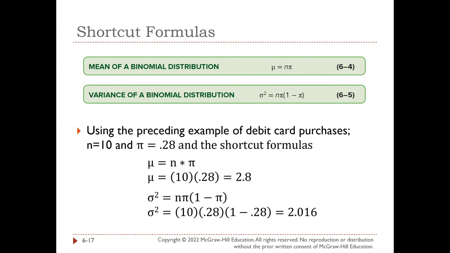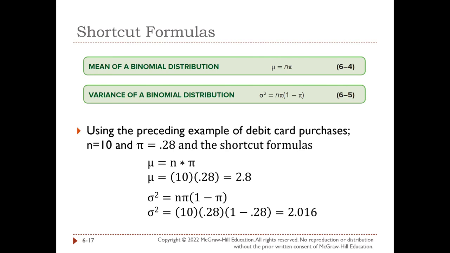Shortcut formulas. Because everybody likes a shortcut, right? Here is the shortcut method of finding the mean and variance of a binomial distribution. We can verify with tables. Using the preceding example of debit card purchases, to find the mean, mu, we take n times pi.